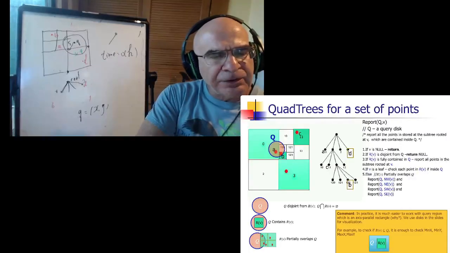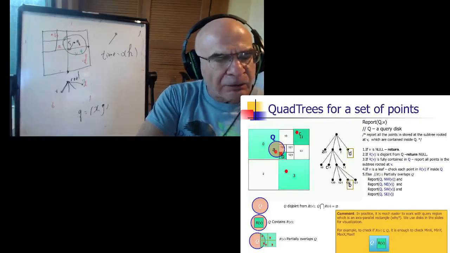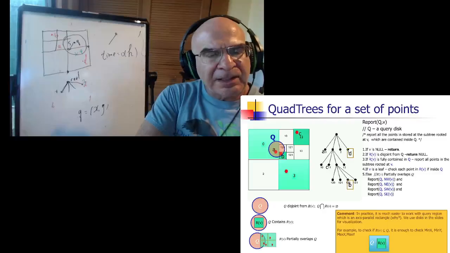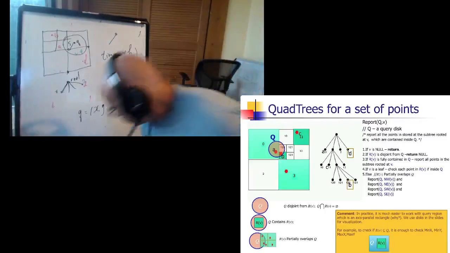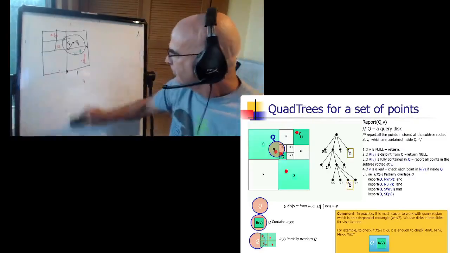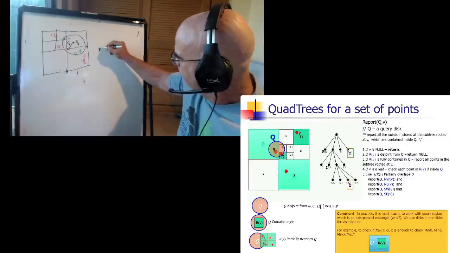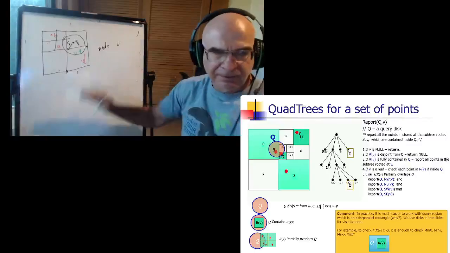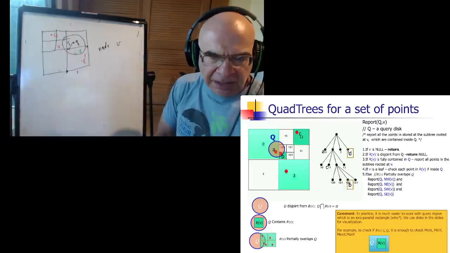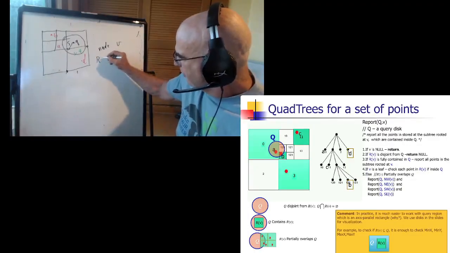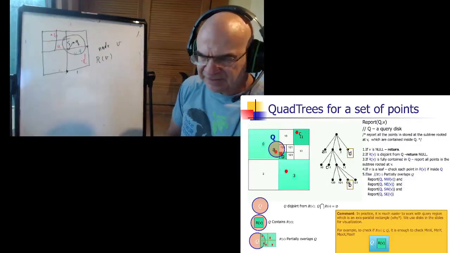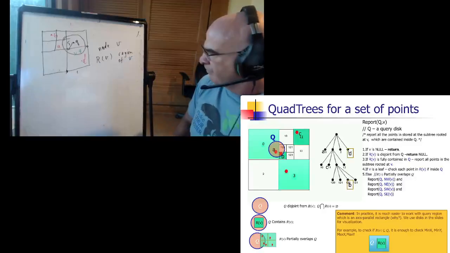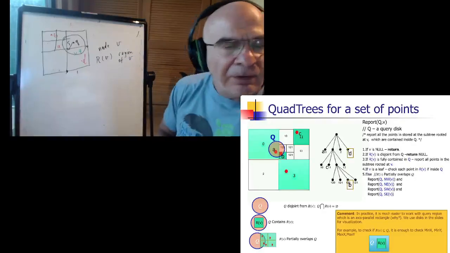I'm looking at the query region, disk or rectangle Q, and I'm looking at a node V. Don't forget, for every node V, which might be a leaf or an internal node, there is always a region R of V that is associated with V. What is a region of V?